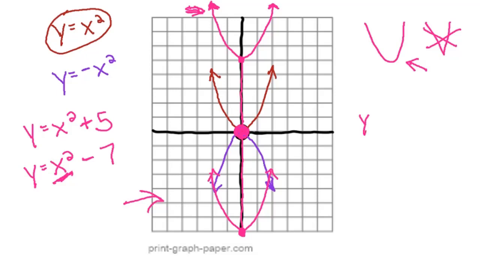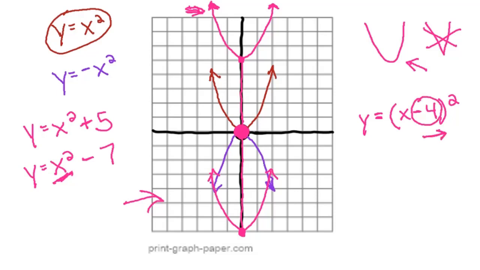Now, what if you put the extra number, the add or subtract extra number, inside the x before you square it? So you go x minus 4 squared. Well, you go back to the beginning, the original 0 in the middle of the graph paper, and since this is a minus 4, you're going to want to move it to the right.